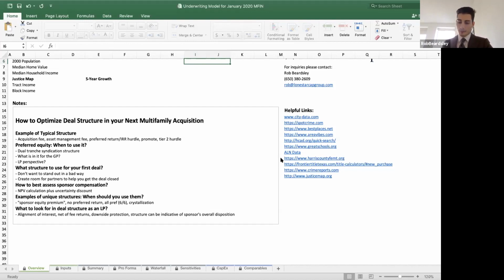Again, this is more on the syndication retail equity side. If we're talking about institutional and larger deals and private equity type of deals, sometimes they don't even want to pay an acquisition fee. So it gets rough out there.